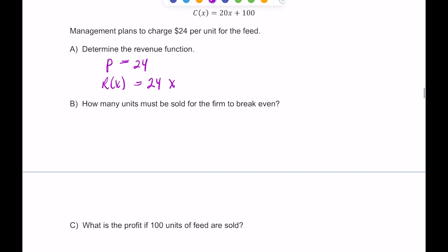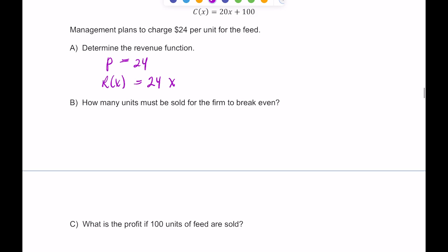Very easy. How many units must be sold for the firm to break even? So here I'm trying to find X, and I want to find where it breaks even, so where the revenue equals the cost of producing that item. So I know that R of X is 24X. I'm just going to substitute that in. And I know C of X, because it was given to me in the problem, it's 20X plus 100.